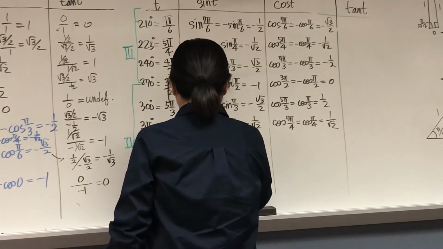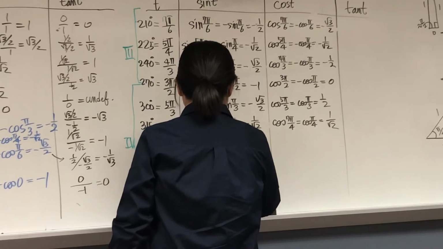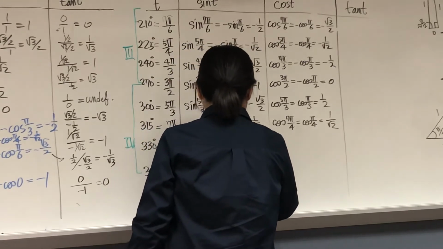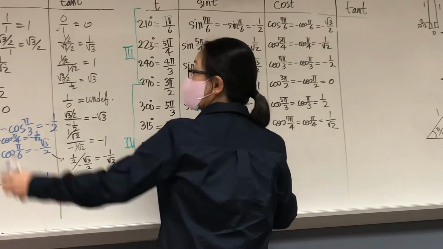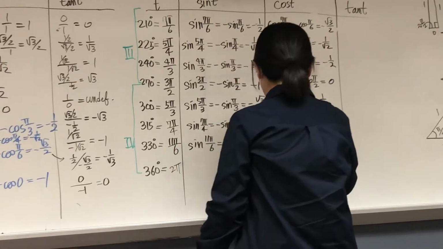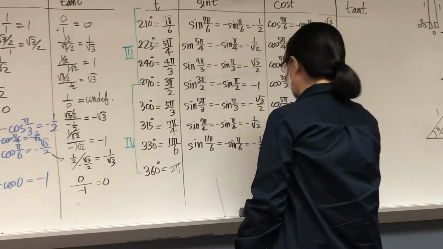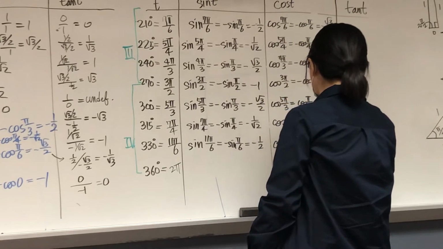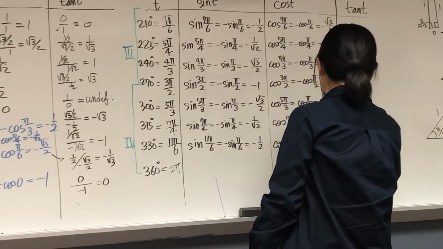Sine 11 pi over 6 is negative sine pi over 6, negative 1/2. Cosine 11 pi over 6 is just cosine pi over 6, square root 3 over 2.